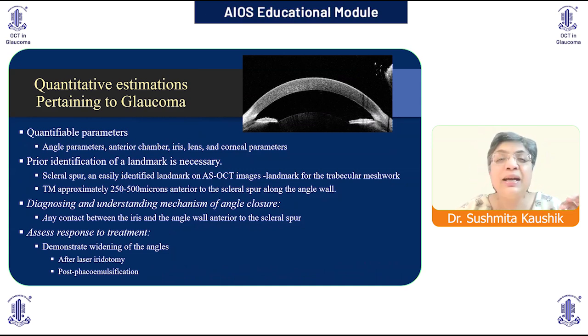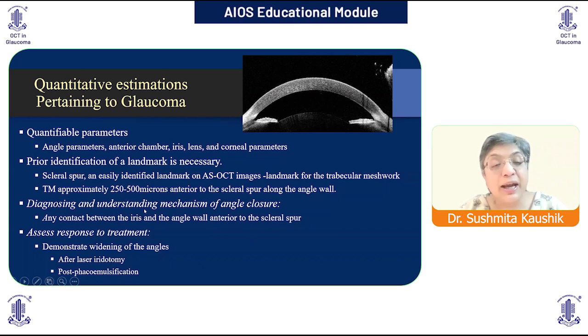So strictly remember, it's operator dependent. The operator has to identify the scleral spur. In an image like this, it's easy. It's this little protrusion here and the end of a line between the ciliary body and the sclera, so to say. So once you've marked this out, only then the machine can give you all those many parameters.